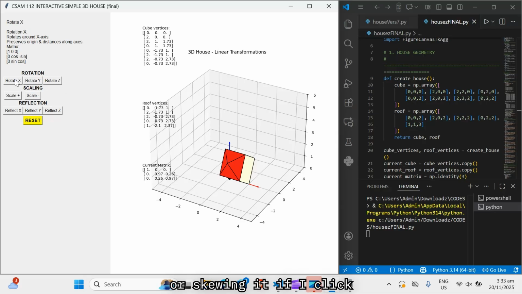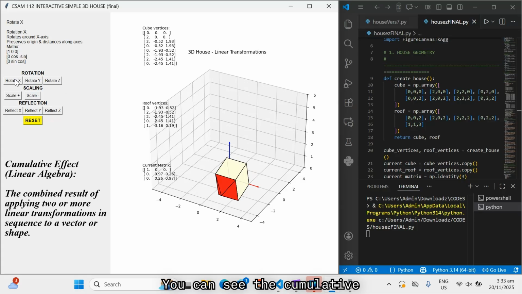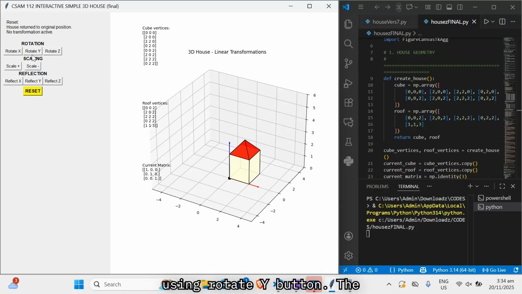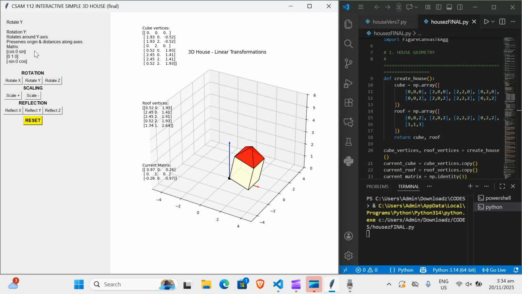If I click Rotate X a few more times, you can see the cumulative effect, which corresponds to multiplying rotation matrices sequentially. Next, we rotate around the y-axis using the Rotate Y button. The matrix is now this.